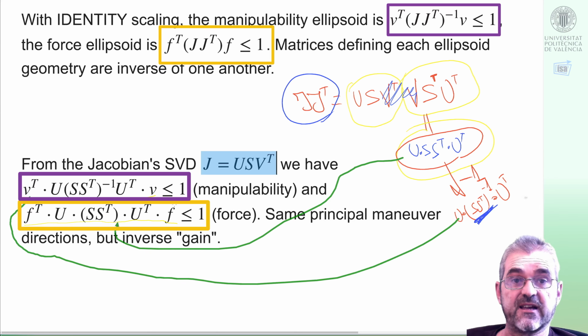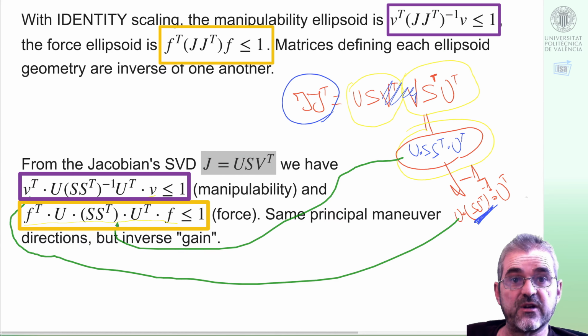And in fact, as the square roots of the eigenvalues are the semi-axis lengths of the ellipsoids, then the square root of S squared, because S transposed S has just the squares in the diagonal, the semi-axis lengths are given by the singular values of the Jacobian or of the Jacobian inverse.